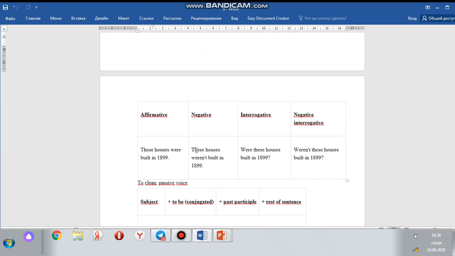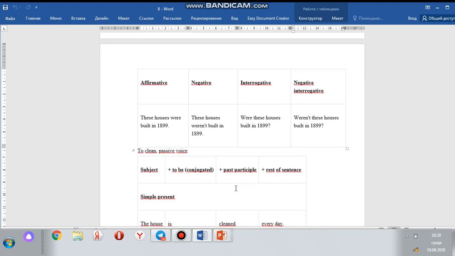These are examples for plural form. For example, these houses were built in 1899. Negative: These houses were not built in 1899. Interrogative form: Were these houses built in 1899? Negative interrogative: Weren't these houses built in 1899?